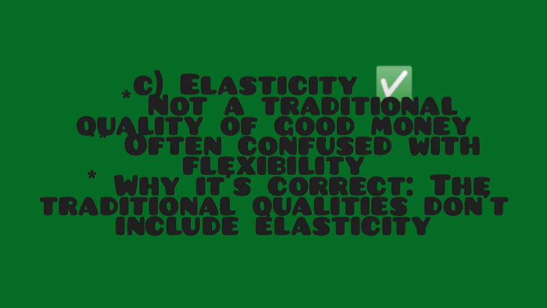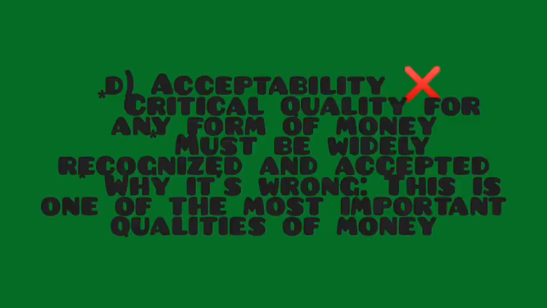Why it is correct: the traditional qualities don't include elasticity. Acceptability, which is also wrong, which is option D, is a critical quality for any form of money. Must be widely recognized and accepted. This is one of the most important qualities of money.